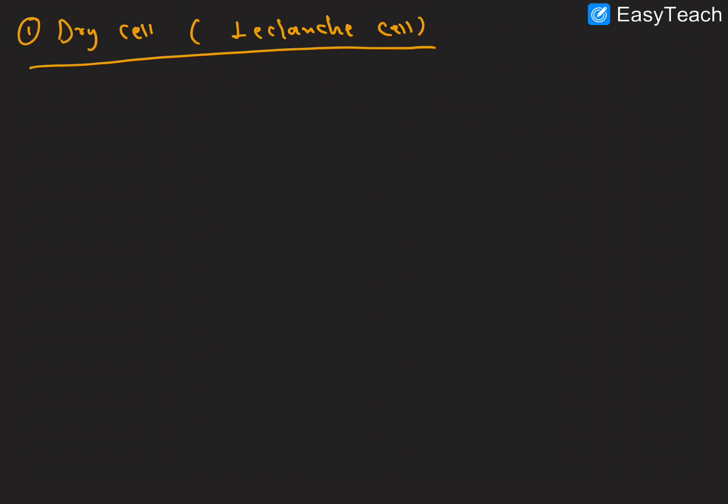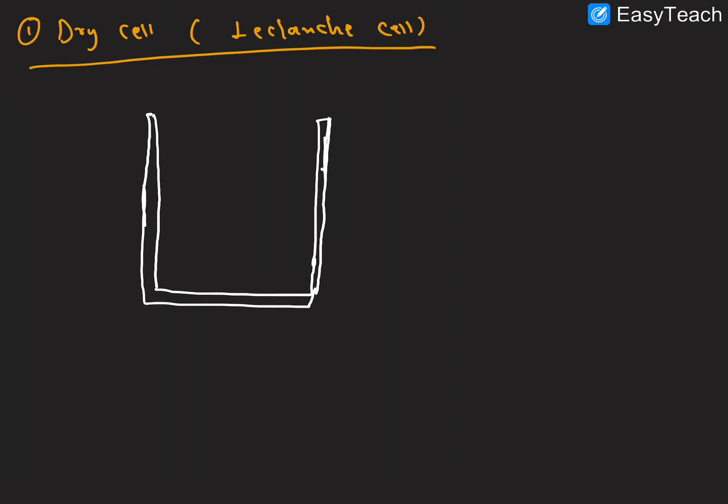Generally, this cell consists of a cylindrical zinc container. This zinc container acts as the anode.